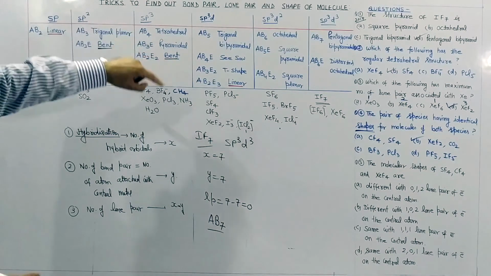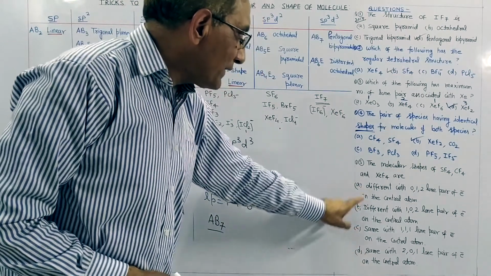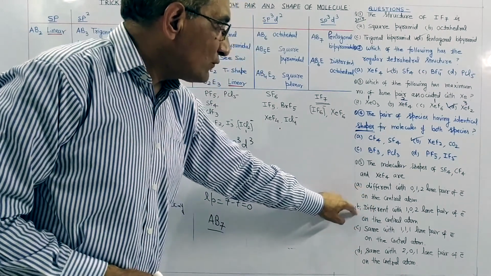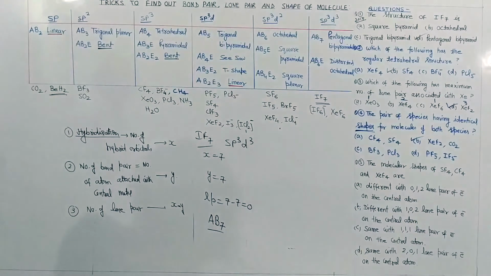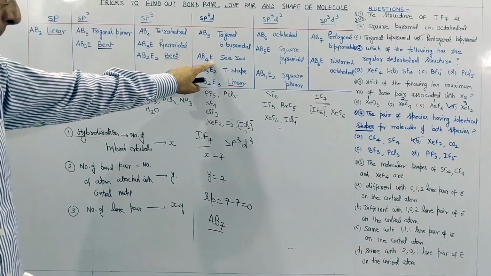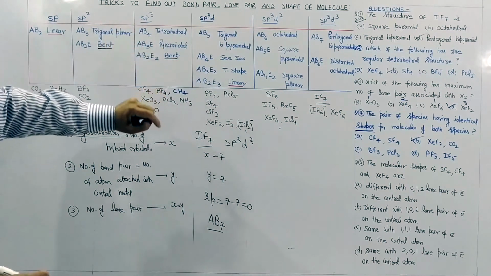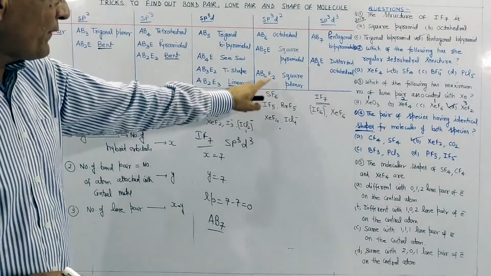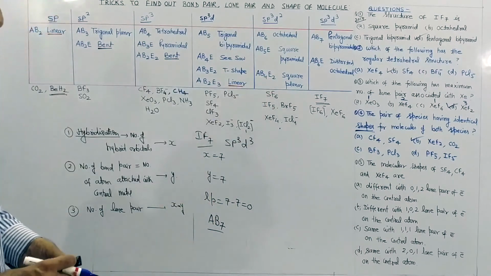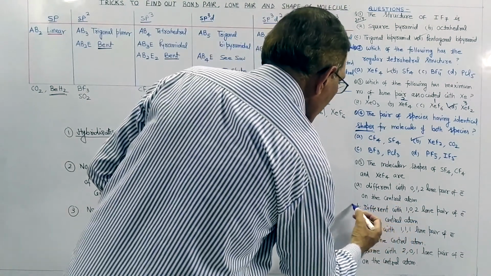It means their shapes are different. Two options have different shapes, two options are the same. It means our answer will be any one of these two. Now we can find out the lone pairs. SF4, students, we have one lone pair. CF4 no lone pair. XeF4 two lone pairs. So our answer will be this: 1, 0 and 2.